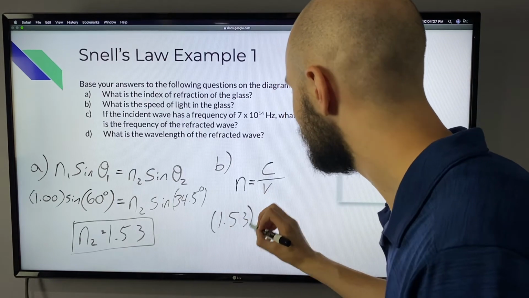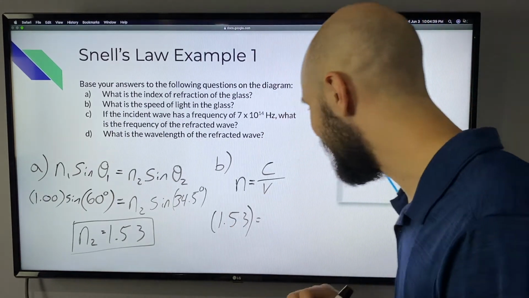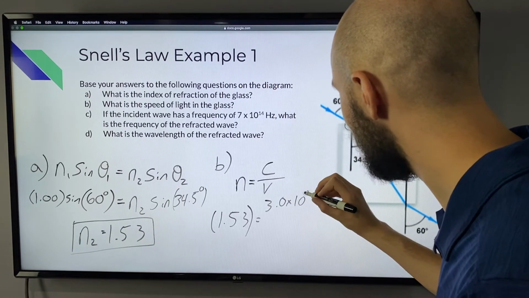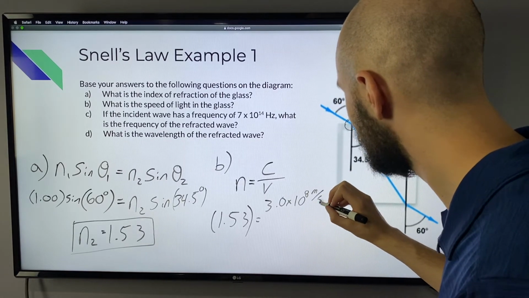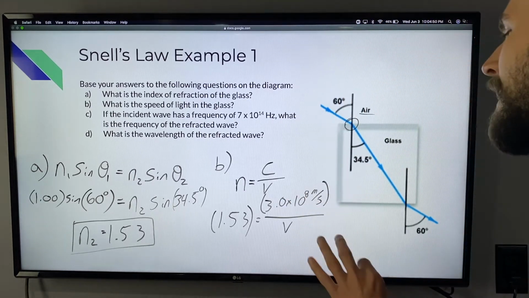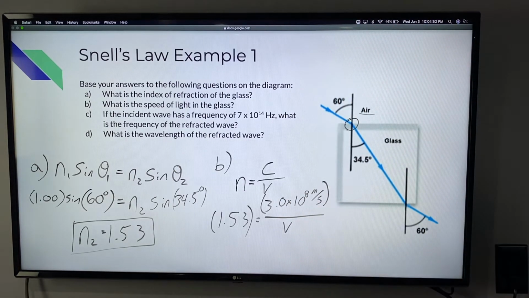1.53. Isn't this nice? We're doing math again. It's been a little while, huh? 3.0 times 10 to the 8 meters per second divided by v. How fast is the light moving in the material? That's v there. So let's solve for v.